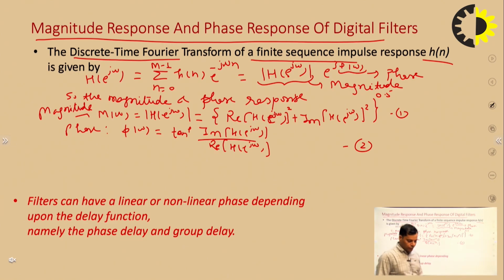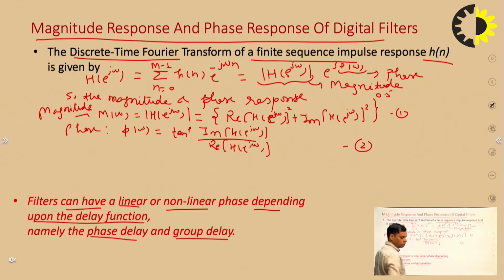The filter can have a linear or non-linear phase characteristic, which we have to focus on. It will be linear or non-linear depending upon the delay function. There are two types of delay to consider, namely the phase delay and the group delay.